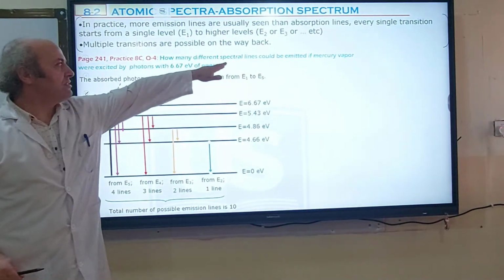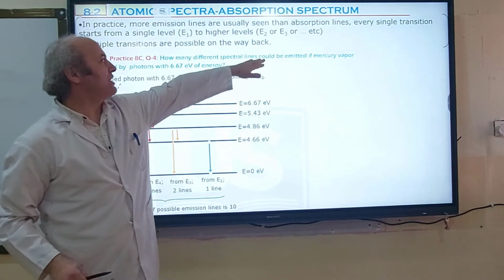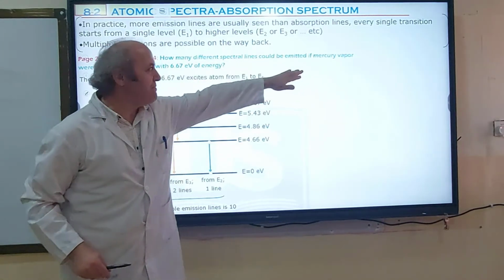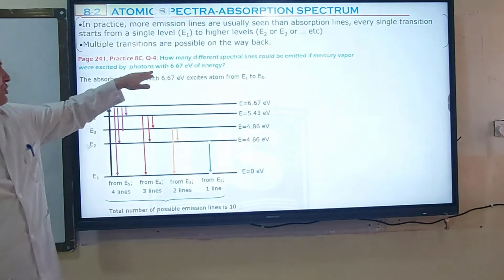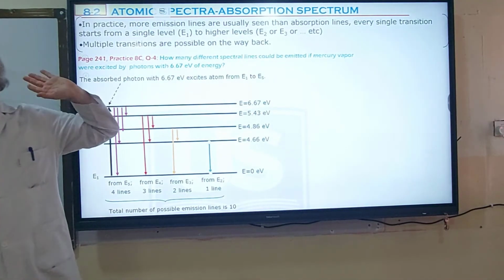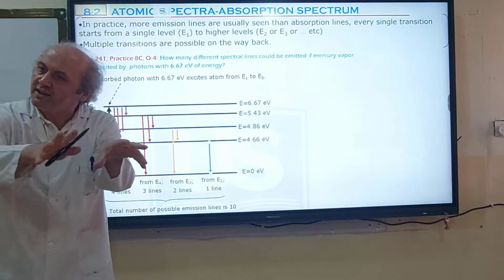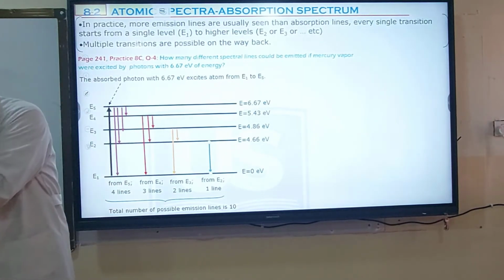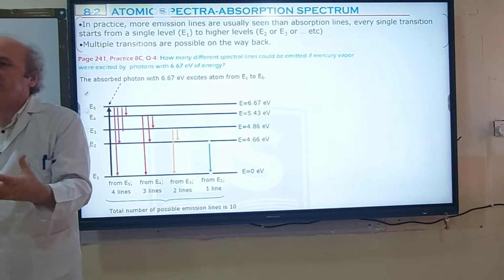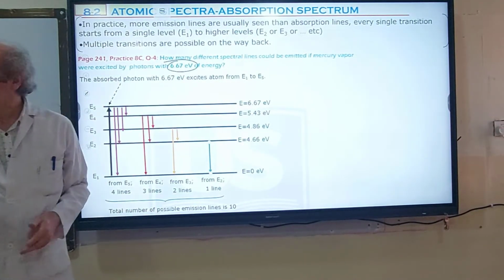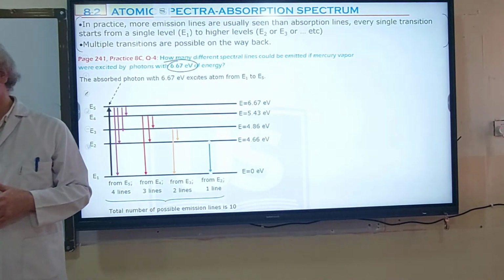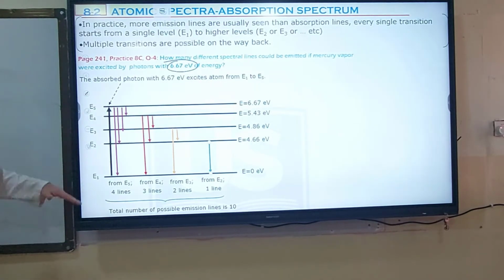How many different spectral lines could be emitted if mercury vapor were excited by photons with 6.67 electron volts? We are shining a light on mercury vapor. These light photons have an energy of 6.67 electron volts. And of course this diagram will be given to you.